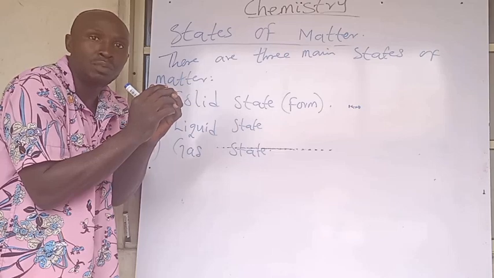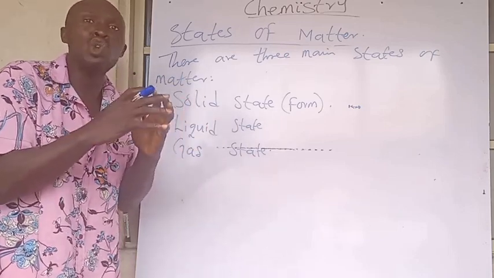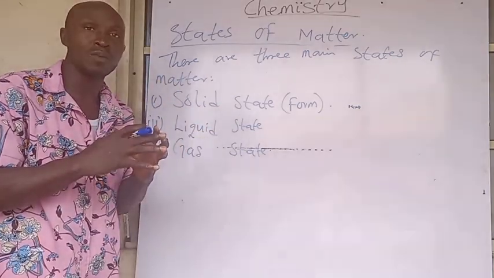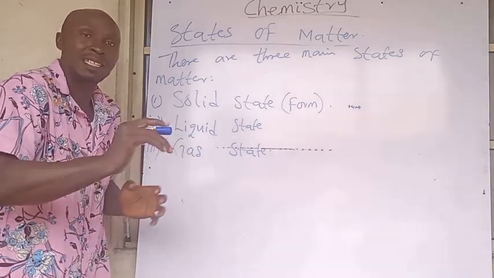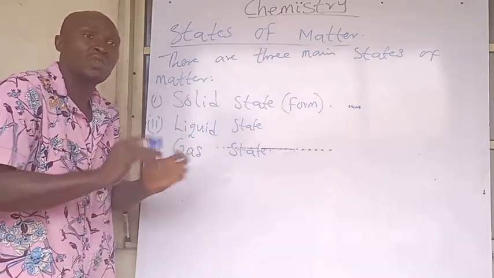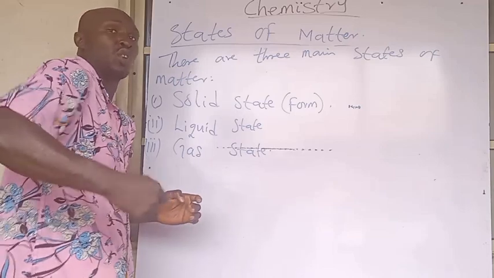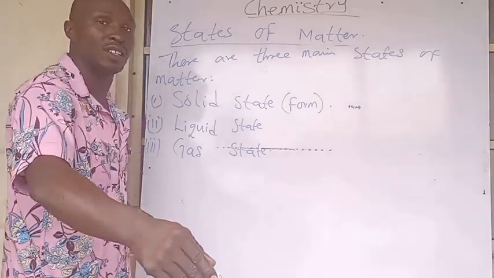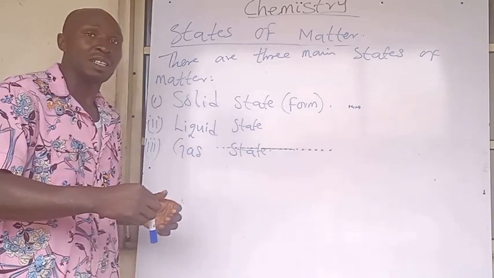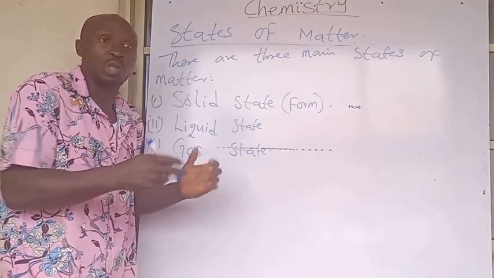They are closely packed together. Just like when you have a lot of persons in a building, you find that the degree of movement between one person and another person is very, very limited. One person is conscious of the other person's distance for him to move. At times, for you to move, another person will be telling you, please, you are disturbing me.